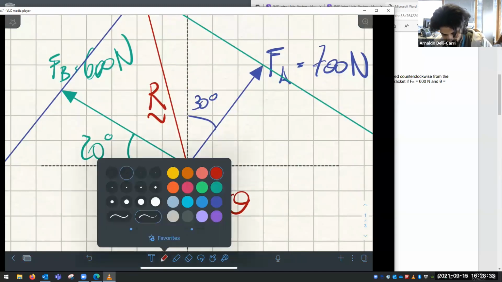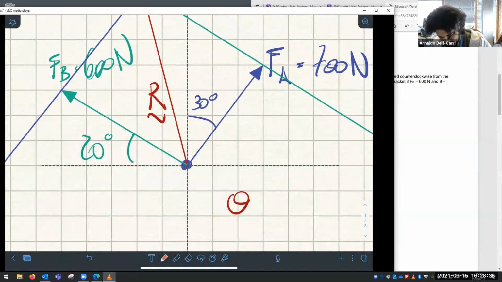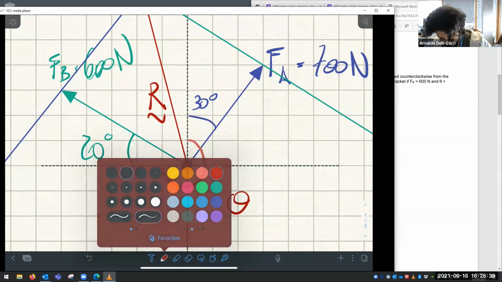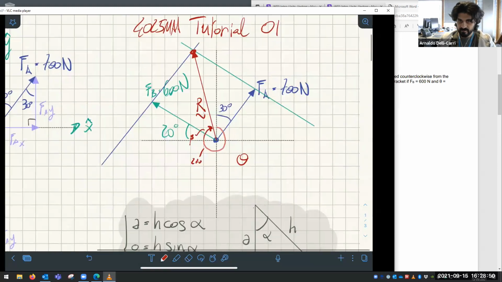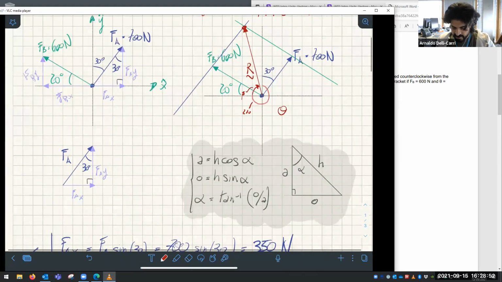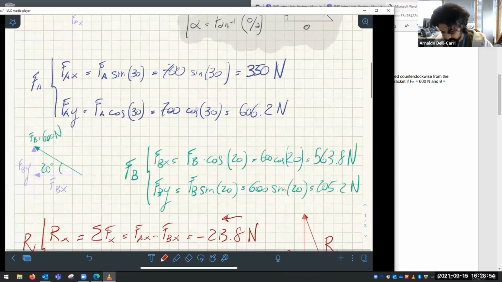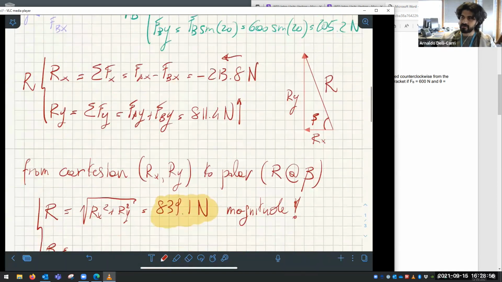The angle that we want is 270 degrees plus beta. Do you agree? So let's find beta, which is this angle here. How do I find that?